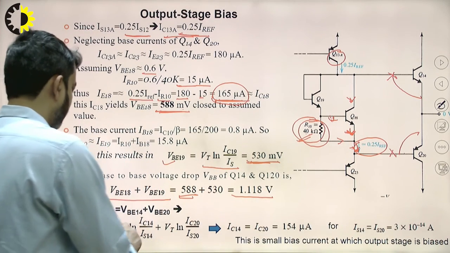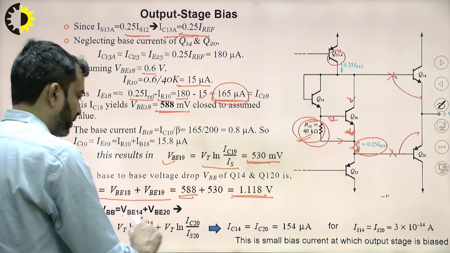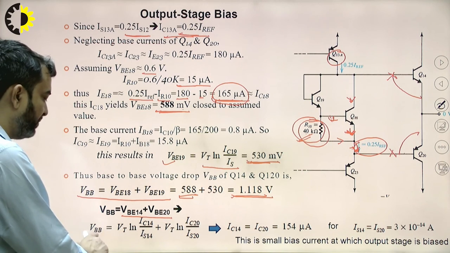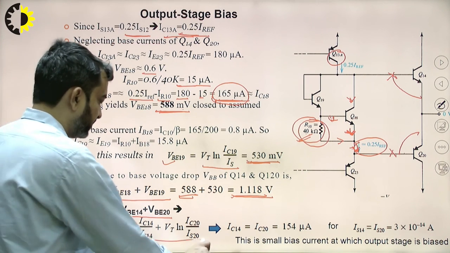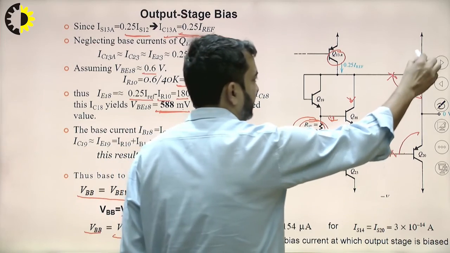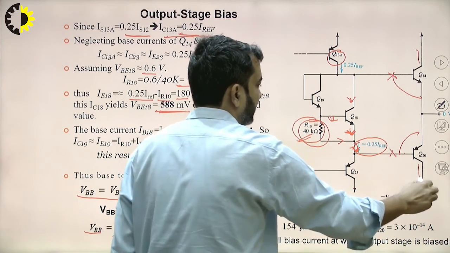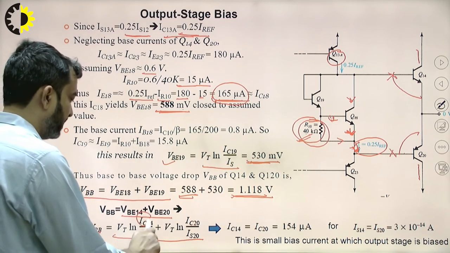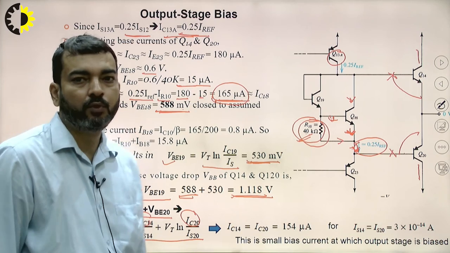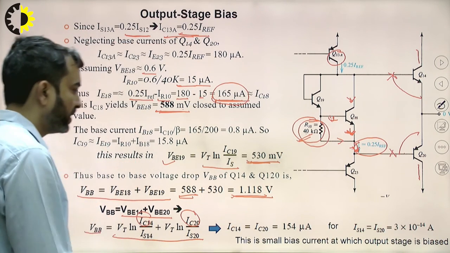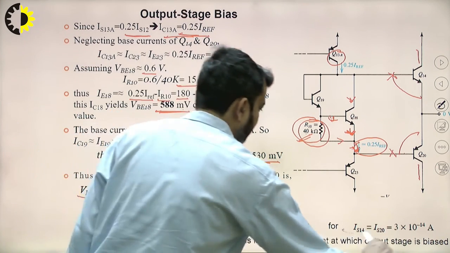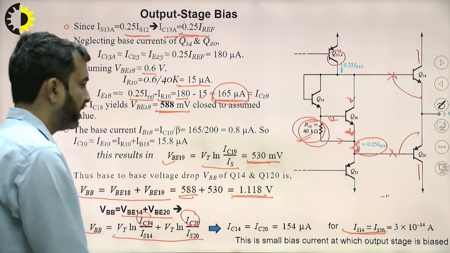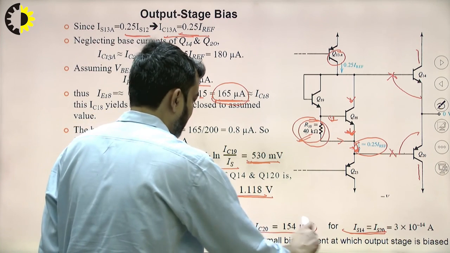Again using the formula, we can write VBB equal to this much, and the collector current of this transistor is the same as the collector current of transistor Q20. So IC14 and IC20 are both equal. Then putting in the scale currents of transistors 14 and 20, we can calculate the collector current of these two transistors.